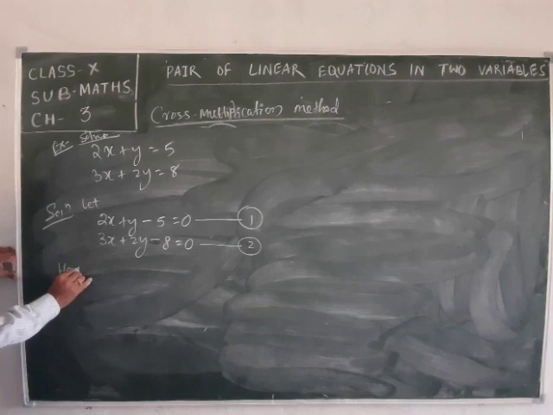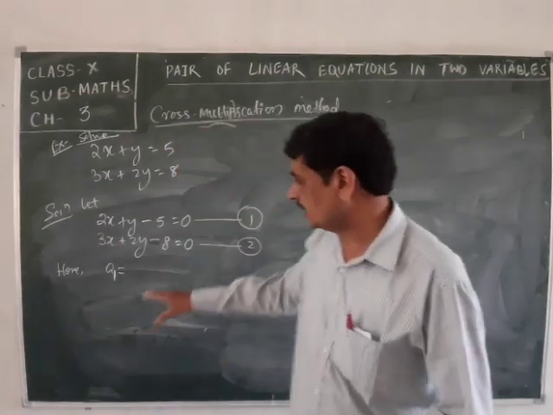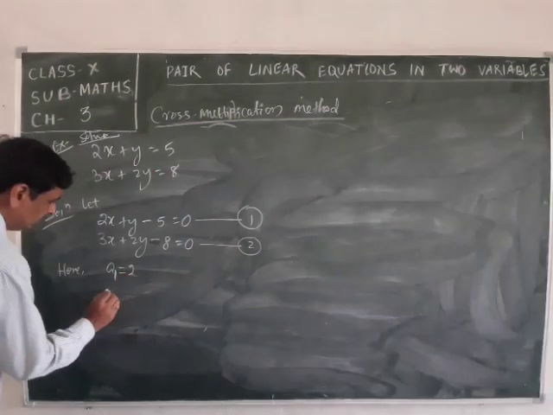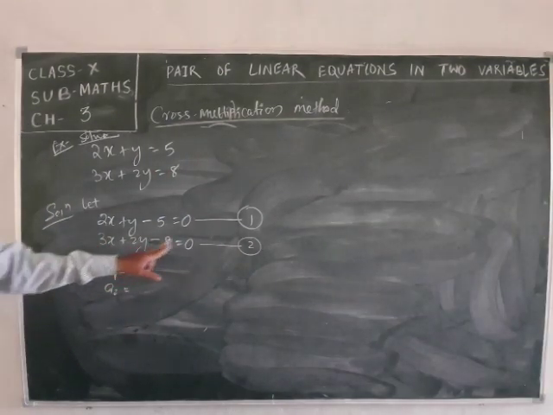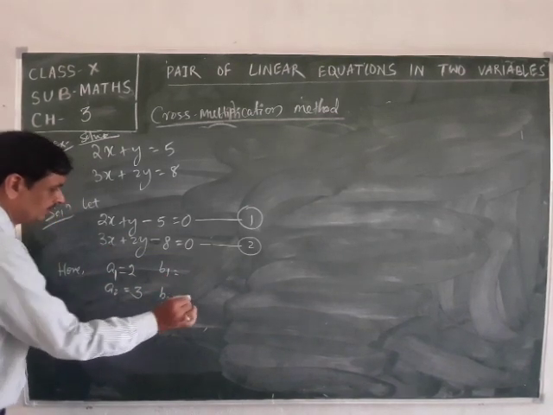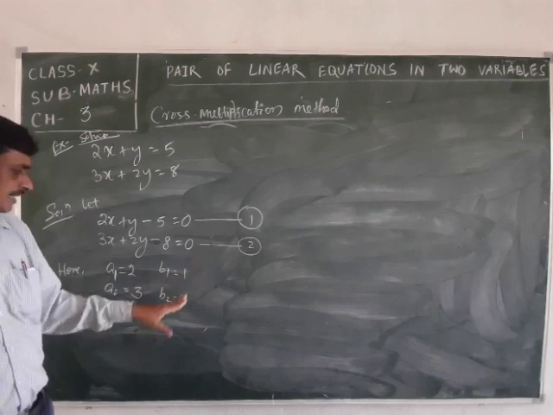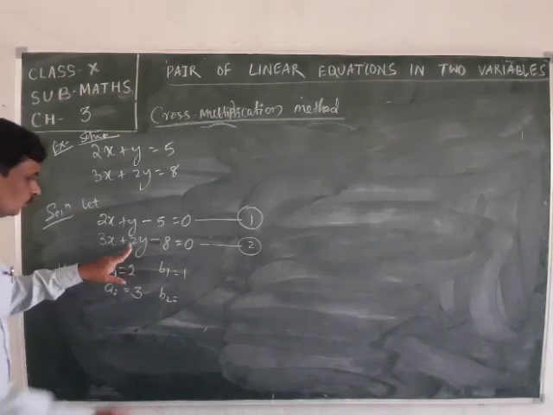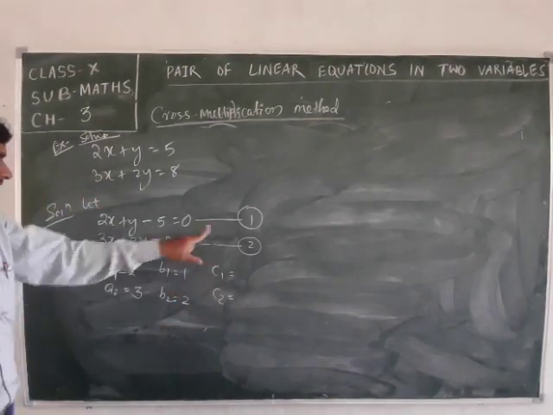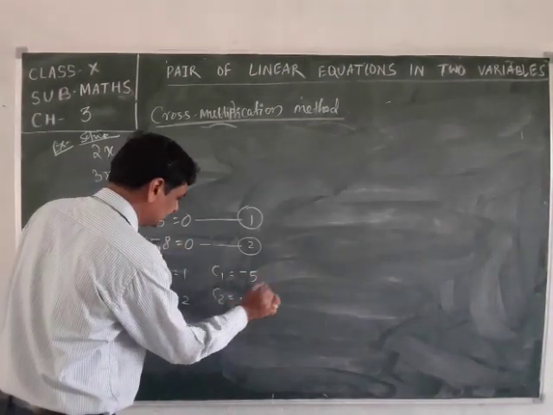Here a1 means the coefficient of x in equation 1, that is 2. a2, the coefficient of x in equation 2, that is 3. b1, the coefficient of y in equation 1, that is 1, and b2, the coefficient of y in equation 2, that is 2. c1, c2 are the constant terms: in equation 1 it is −5, and c2, the constant term in equation 2, is −8.